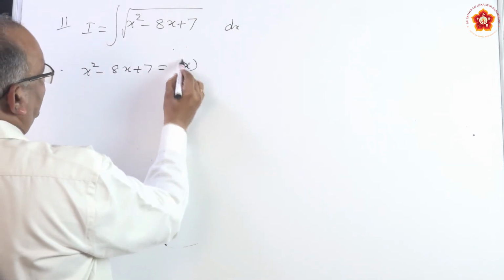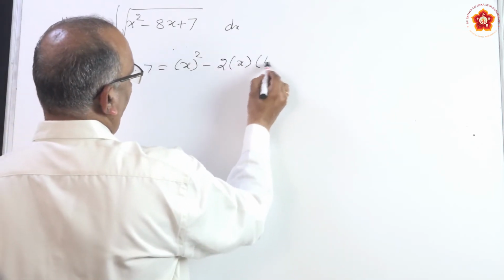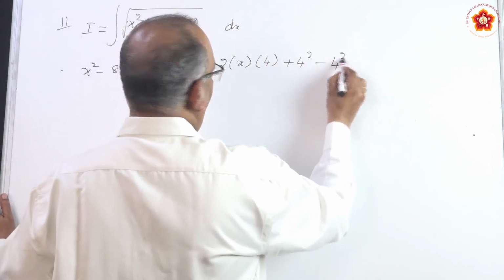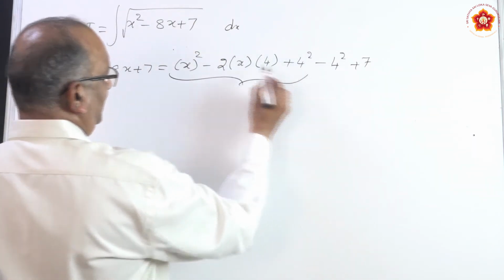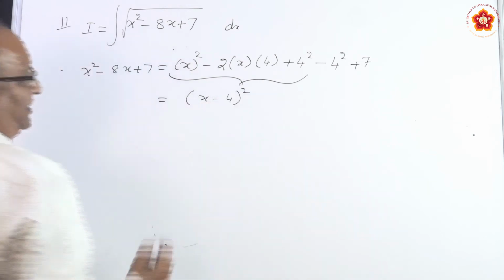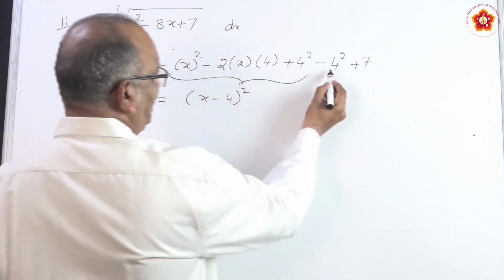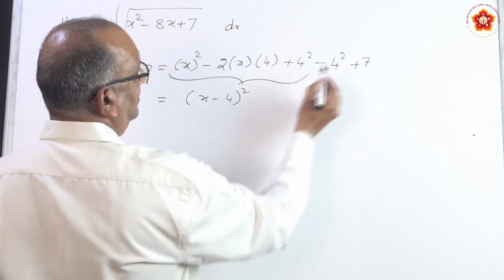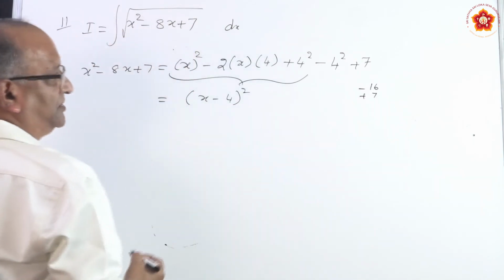It can be written as x square minus 2 into x into 4 plus 4 square minus 4 square plus 7. Write it as complete square, x minus 4 whole square, a square minus 2ab plus b square, minus 16 plus 7. Minus 16 plus 7 is how much? 9.